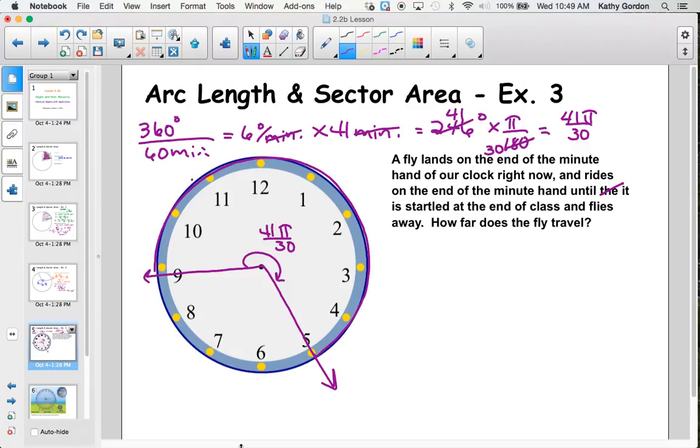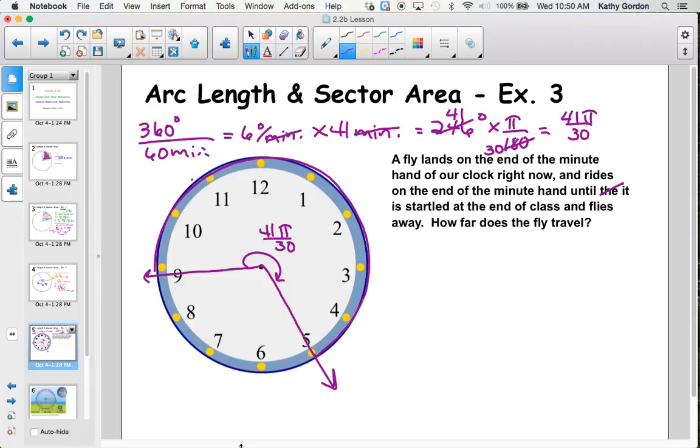So if it's one of those, that's the radius? Wouldn't it be half a circle? The radius is half a circle, half a diameter. But in this context, what would be the radius? The minute hand, right? So how are we going to figure out what our radius is?